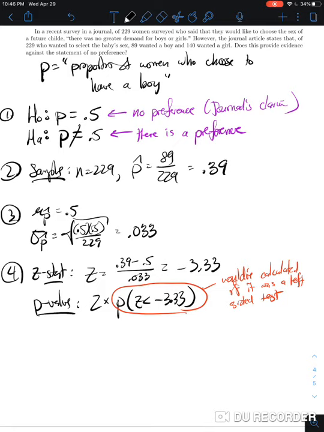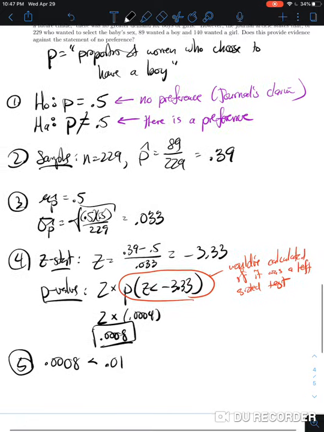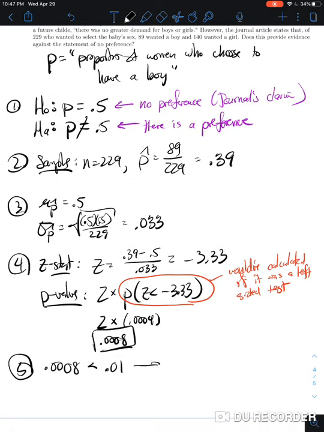It could have been equally probable that the girls were less popular, so I have to take that into account when doing a two-sided test. Looking negative 3.33 up on the table, that is 0.0004. So 2 times that would be 0.0008. That's still a pretty small p-value. So our conclusion would be, 0.0008 is definitely less than the smallest alpha value that we've considered, which is 0.01. So we can still reject the null.